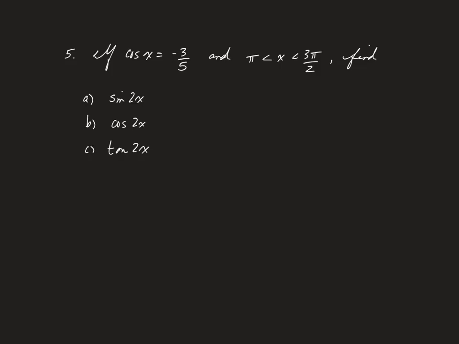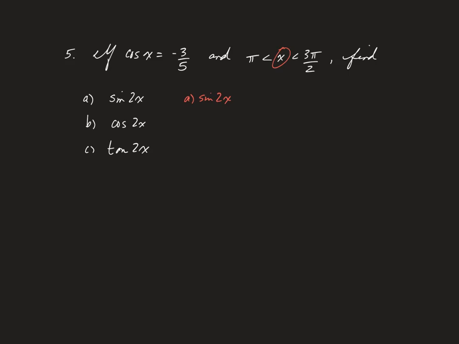Okay, we're back. So what I want to do is walk through the first one, for instance. So if we were a little nervous about jumping in, then maybe if I was going to play around with problem A, coming up with the sine of 2x. Okay, what I have in the problem pertains to angle x.